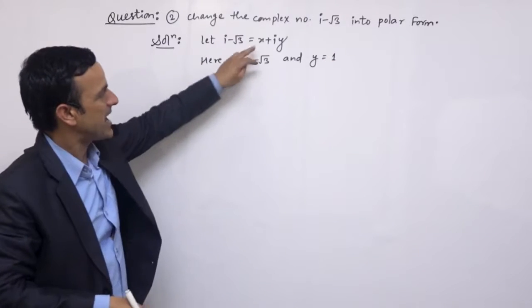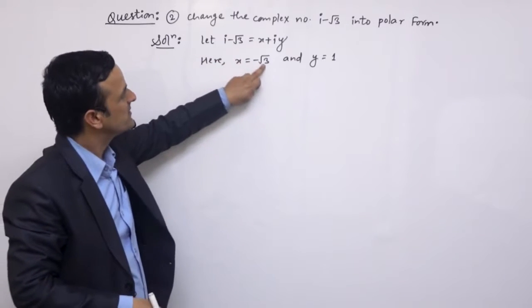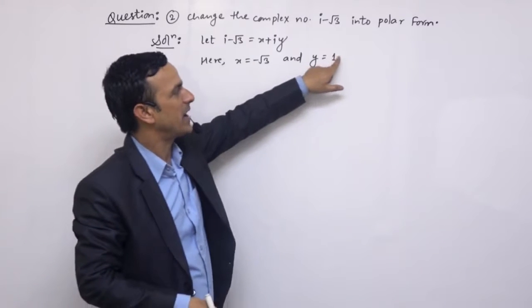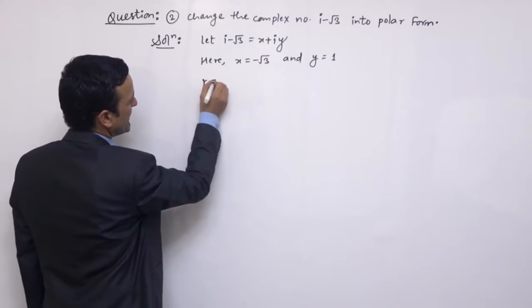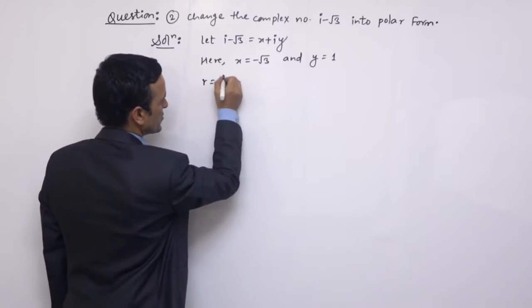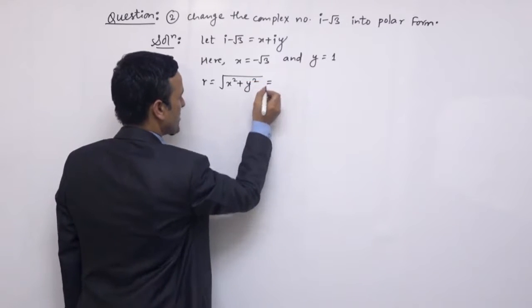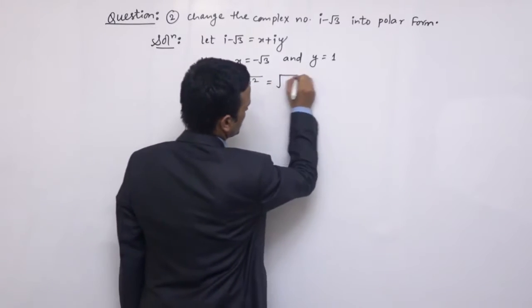So in your question, x ko value x ra minus √3 we can compare, and y is compared with 1. So the value of y is 1. So first of all find out the radius, this polar radius. So its formula is square root of x square plus y square. Then let's substitute the value.